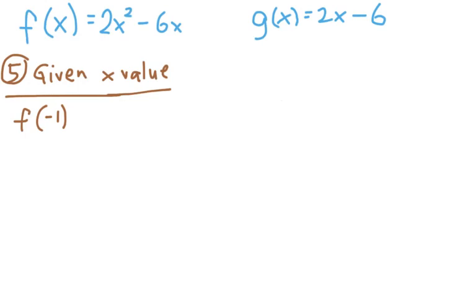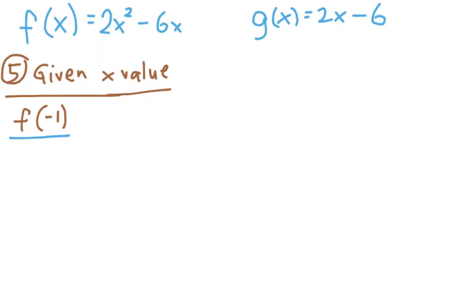That means we substitute all x with the value. Let's say for example we have f of negative 1. This means we substitute negative 1 for all x in function f.